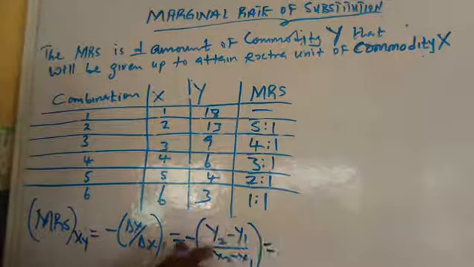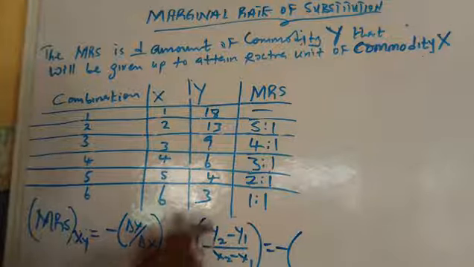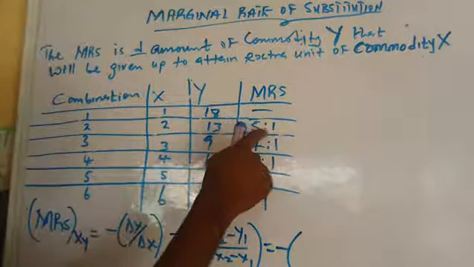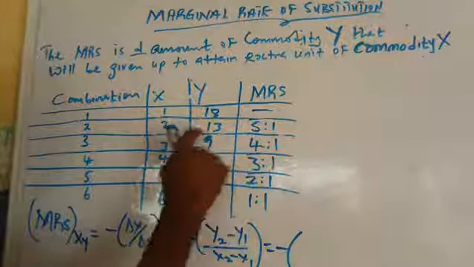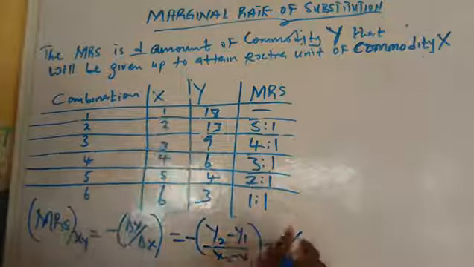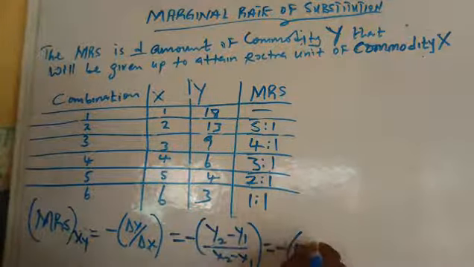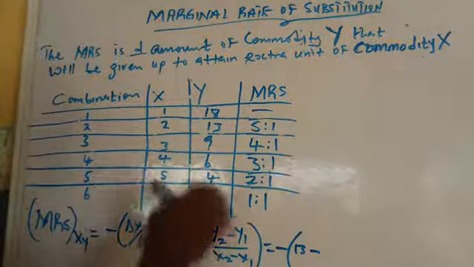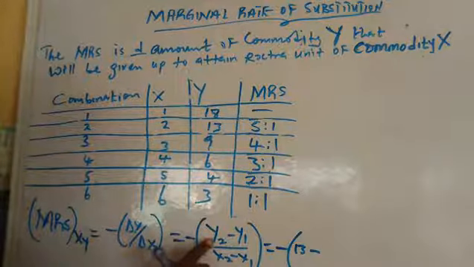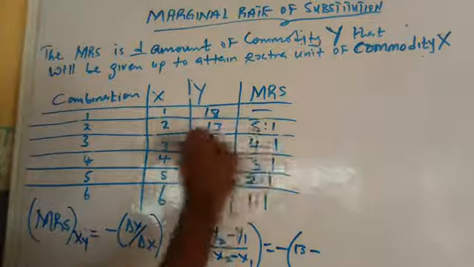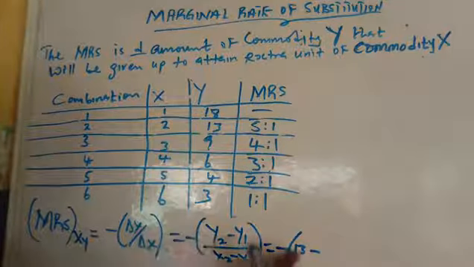Now, when you do this, you have my minus bracket. Y2 is my new Y. New Y is the Y on the row which we are working on. We are working on this row, so Y2 is 13.